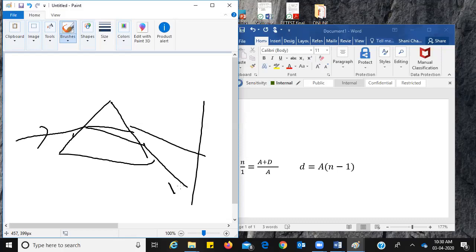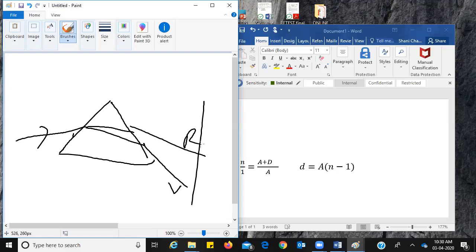This is the reason for dispersion: the refractive index of different colors is different, so the deviation for each color will be different. Violet has a high refractive index and more deviation. That's why violet comes towards the base, and red comes a little away from the base.